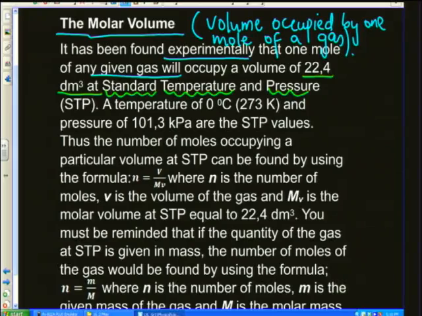This is what I meant at the beginning when I said I'm going to introduce to you the STP, standard temperature and pressure. A temperature of 0 degrees Celsius, which is 273 Kelvin, and a pressure of 101.3 kilopascals are the STP values. These are your standard temperature and pressure.